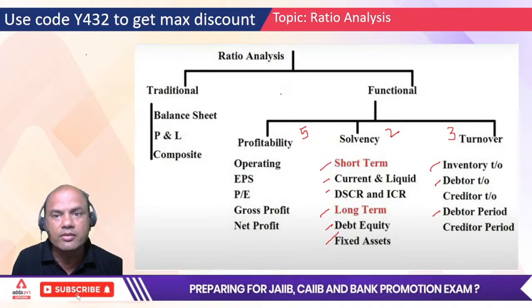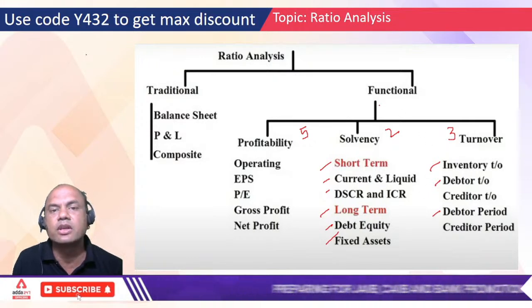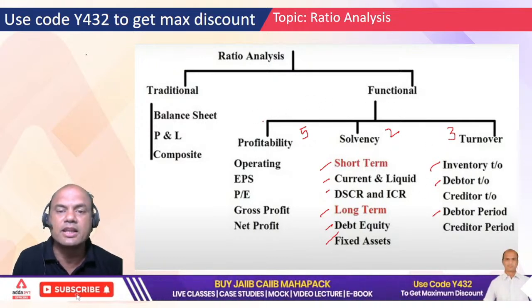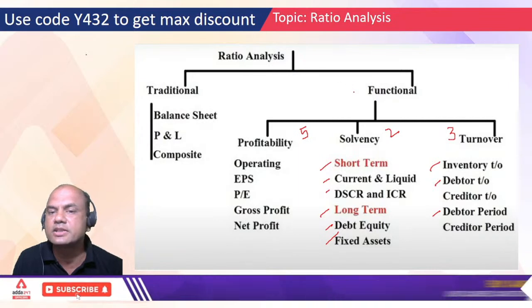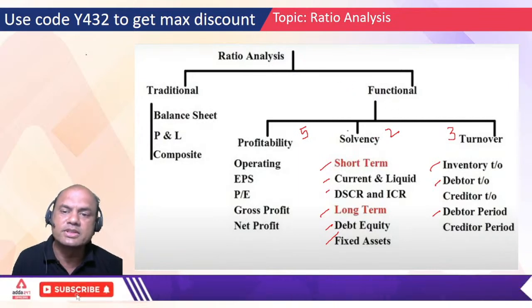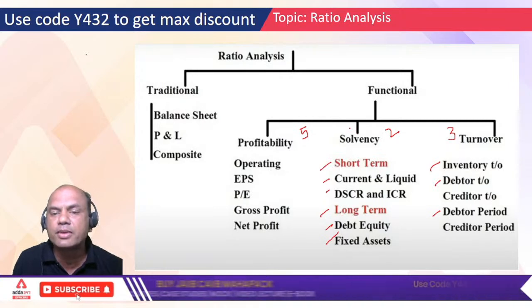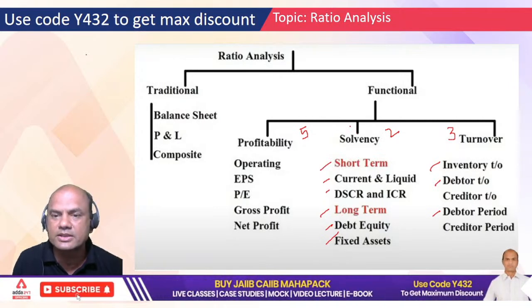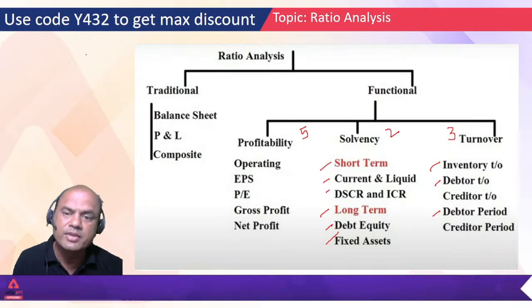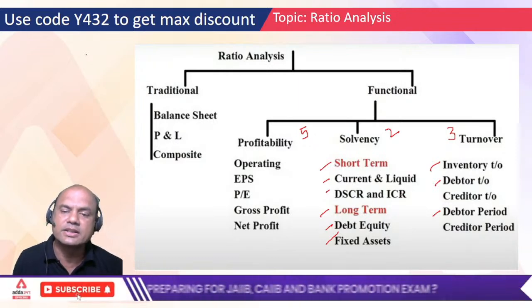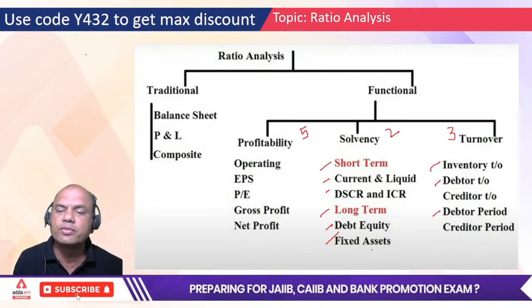I am not covering this again because it is already covered. It's just an analysis of the segregation of ratios. Solvency ratio is of two types: short term and long term. In the exam you will get a question on solvency. Short term: current and liquid, DSCR and ICR. Long term ratio: debt equity and fixed asset.